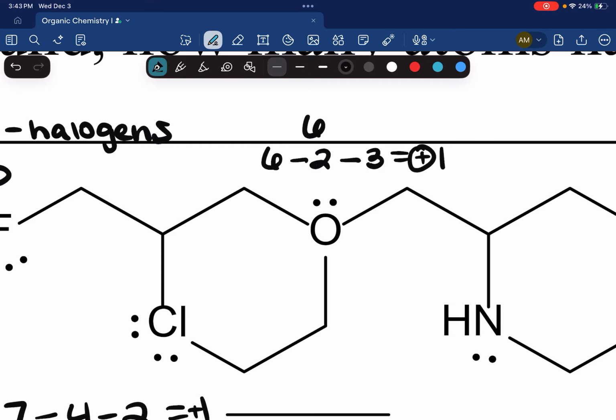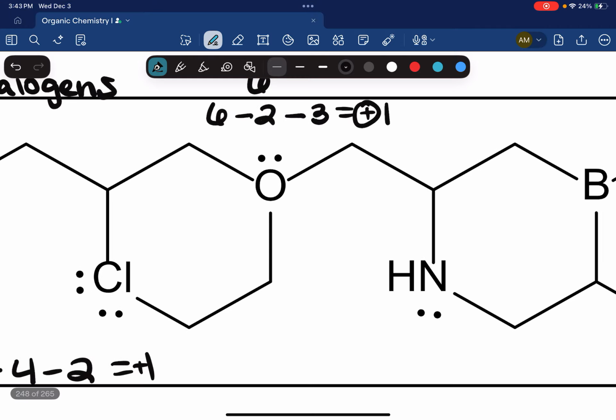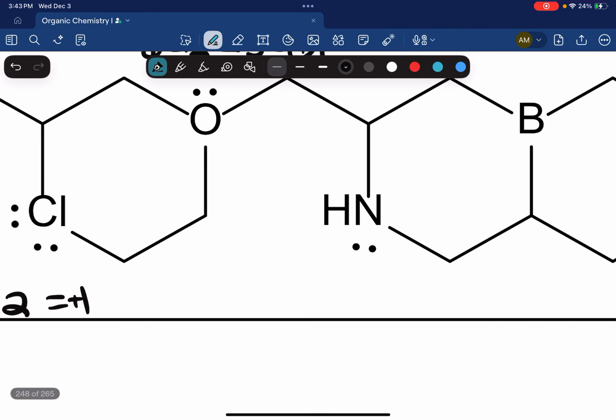Sorry about that. Okay, that's a +1 formal charge. Nitrogen, sorry, I've been going off of memory, but I don't remember where I think nitrogen's 5. Let me pull up a periodic table. Yes, nitrogen's on column 5.